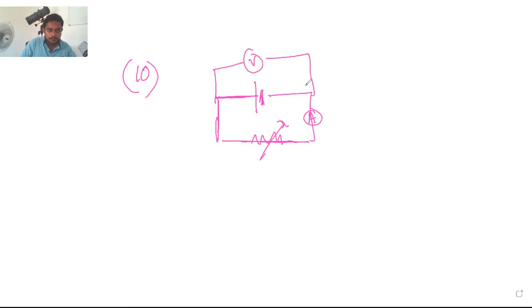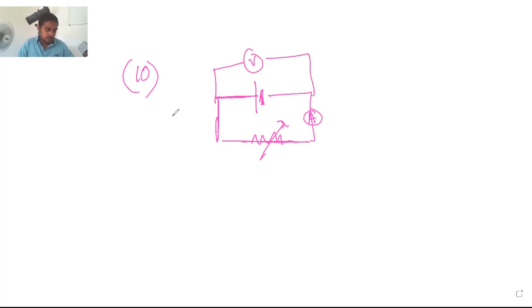Okay, so what we can do here, I'll draw the diagram here. Here we have the variable resistor, ammeter here and voltmeter here.